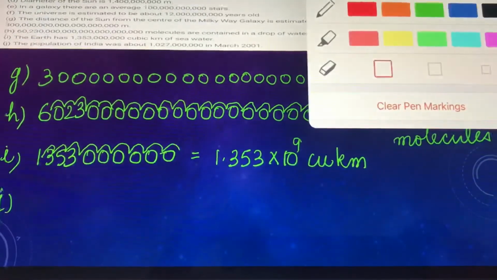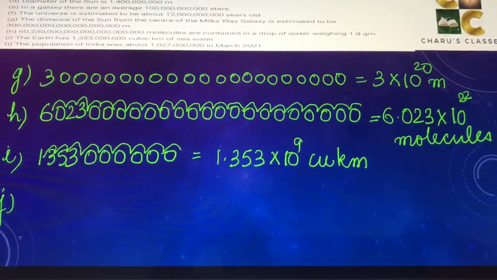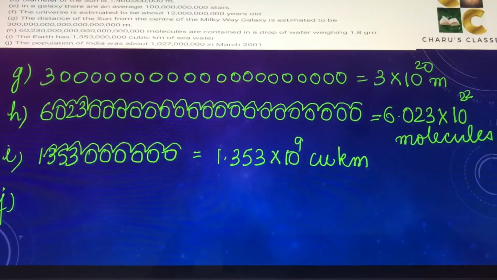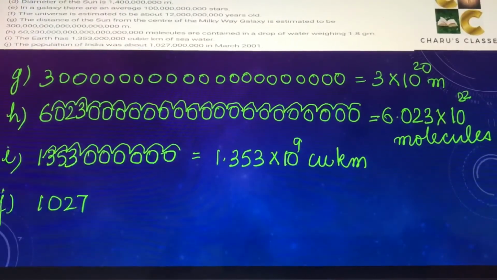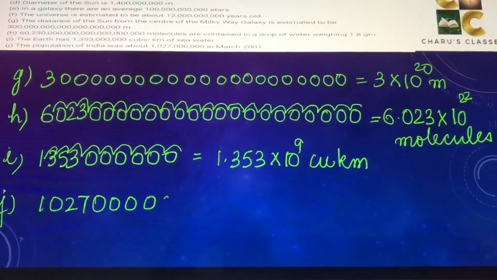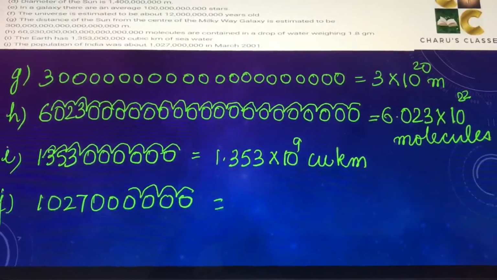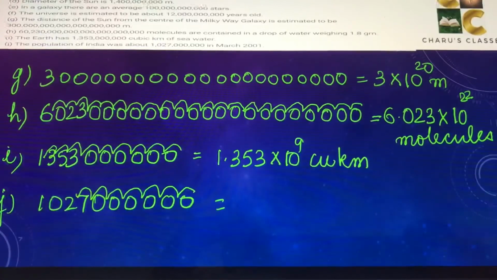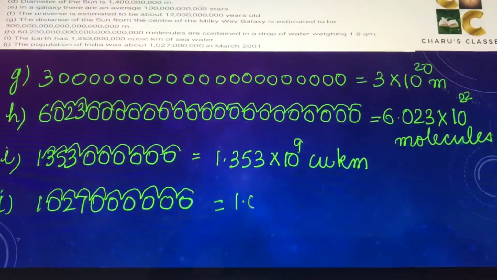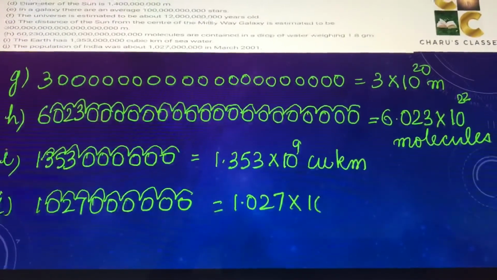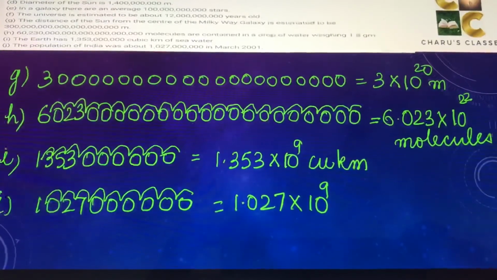Yeah, so this number is 1027 followed by 6 zeros. So in this we are shifting 1, 2, 3, 4, 5, 6, 7, 8, 9. 1.027 into 10 to the power 9.